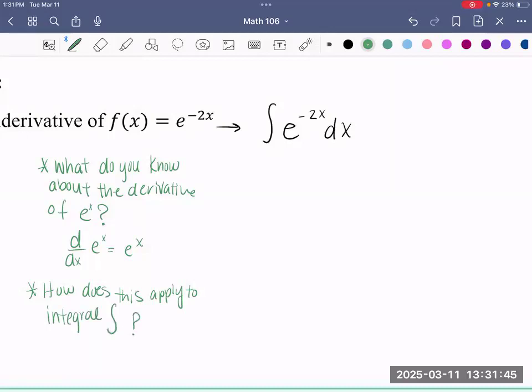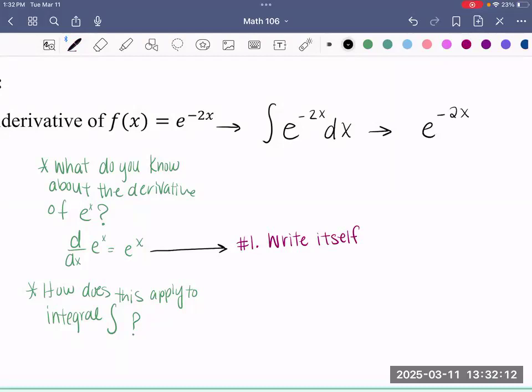Well, first, to integrate, it is just working backwards. So first we have to write itself. Step number 1 is to actually go ahead and write itself. So that is e to the negative 2x.